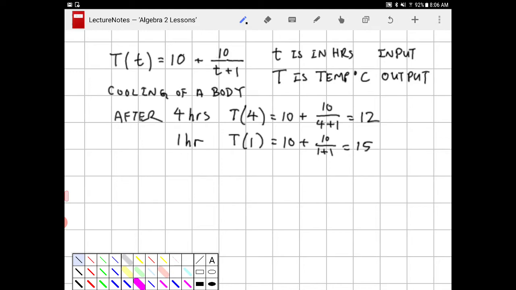Now, let's say you're a scientist, and you have a very similar body of a very similar makeup. You know what the temperature is, so now the temperature is your input.